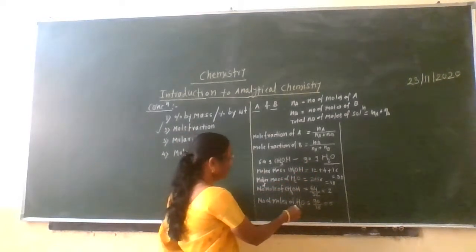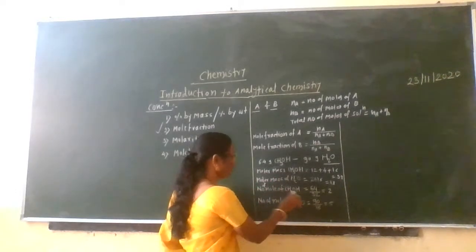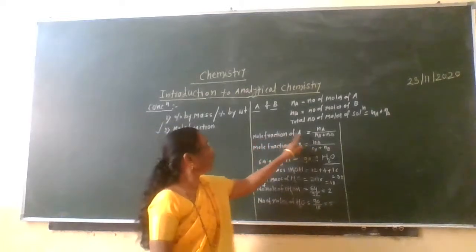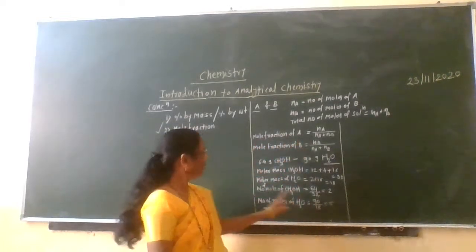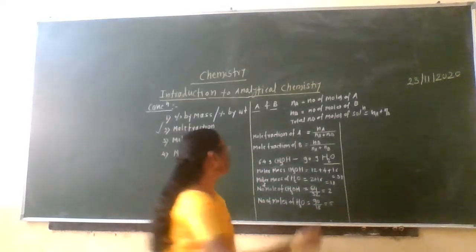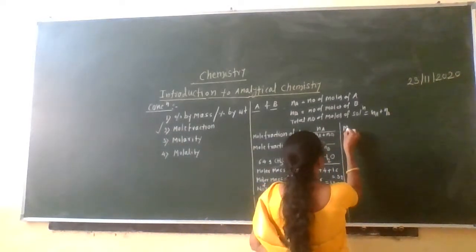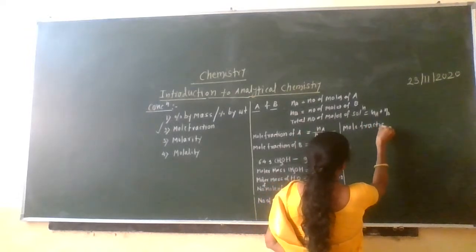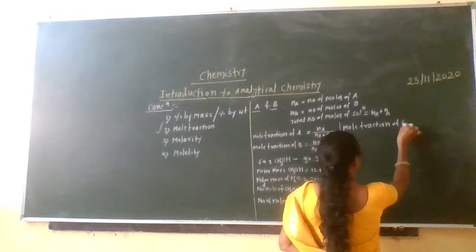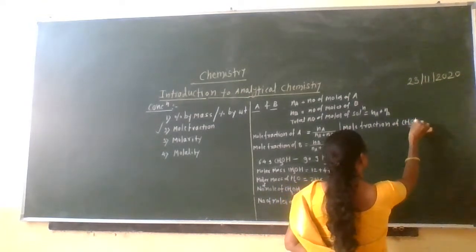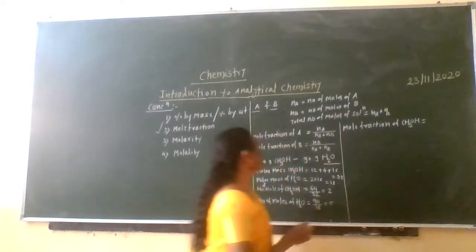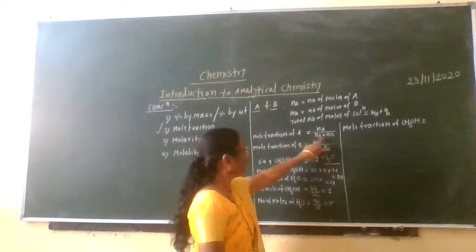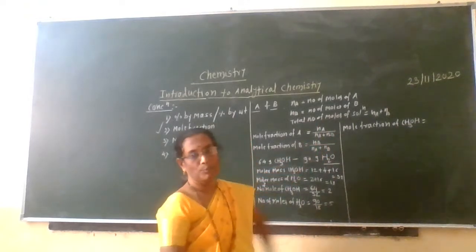Now, the number of moles of water is obtained, the number of moles of alcohol is obtained. Then we can calculate the mole fraction of the methyl alcohol and the mole fraction of the water. First of all, the mole fraction of methyl alcohol is equal to, what is the formula? The formula is the number of moles of methyl alcohol divided by the total number of moles of the solution.